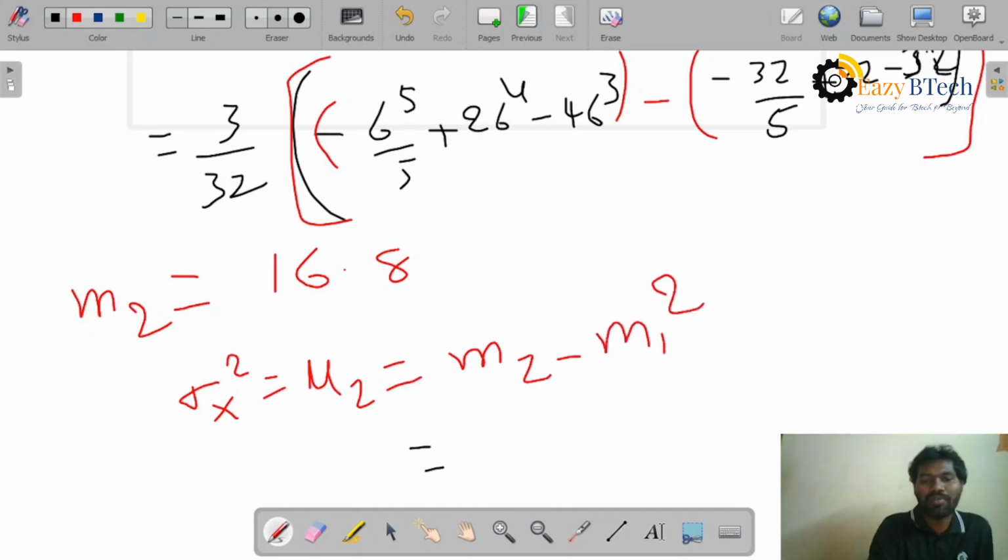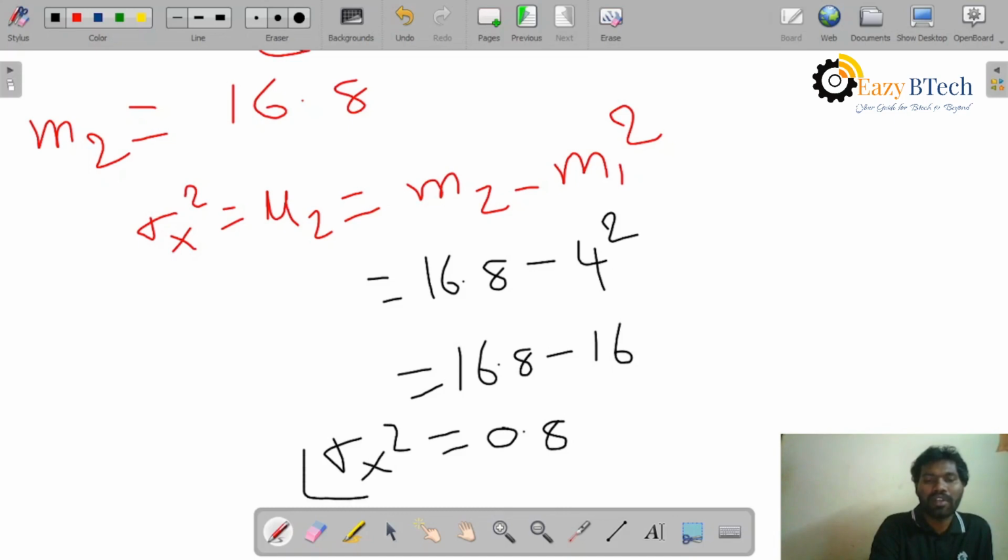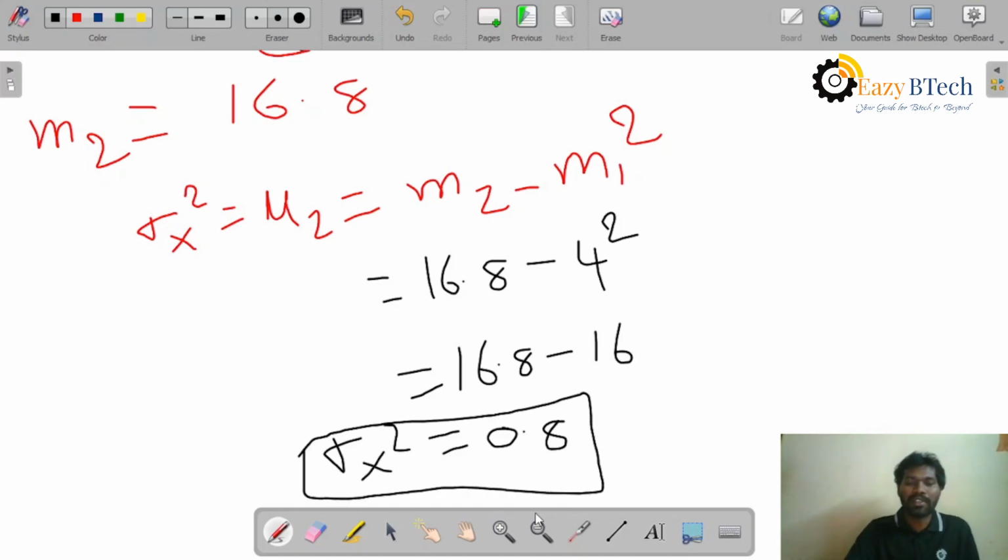We already know that m2 is 16.8 and m1 is equal to 4, that means 4 square. So finally it becomes 16.8 minus 16, which is equal to 0.8. So the variance of the given random variable with the density function is equal to 0.8.